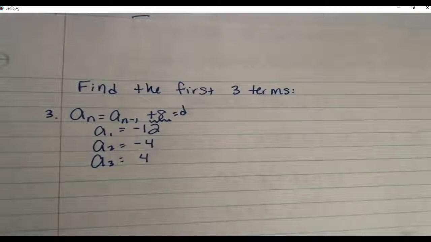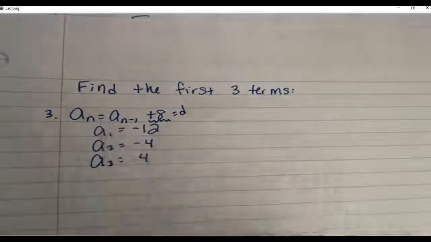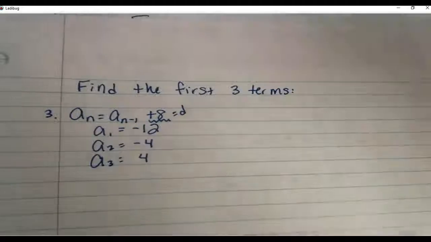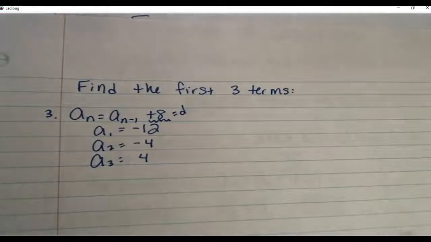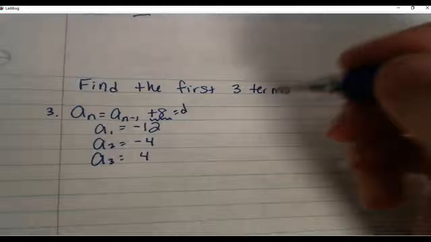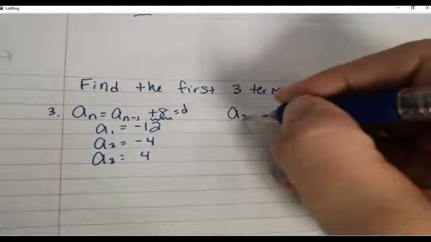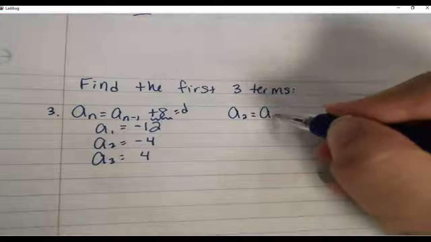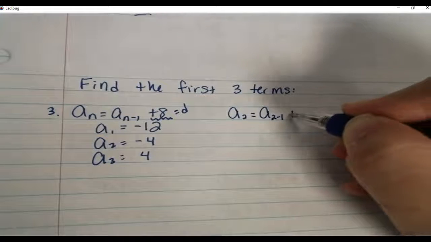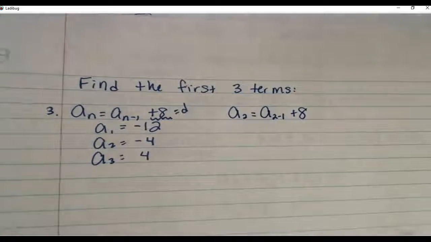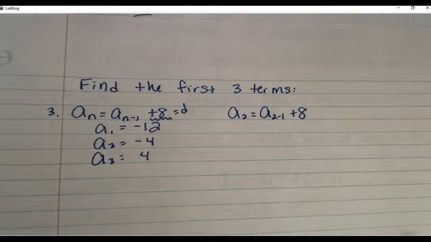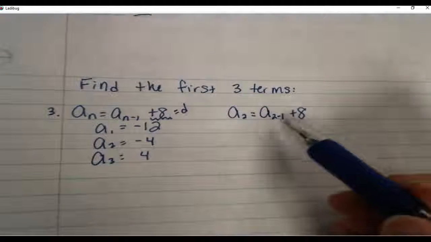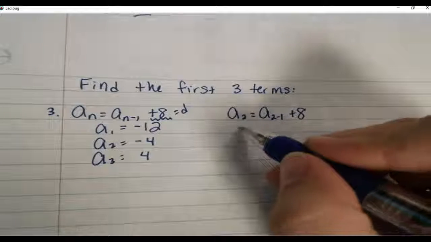Okay. But you're probably thinking, well, what does all that other stuff mean? So if we wanted to find the second term, 2 would be our n. So that would look like a sub 2 equals a sub 2 minus 1 plus 8. Okay. So if we wanted the second term, we would plug in 2. Well, what's 2 minus 1? 1.